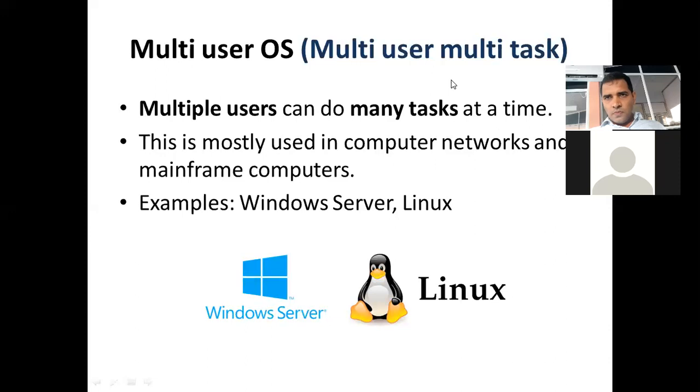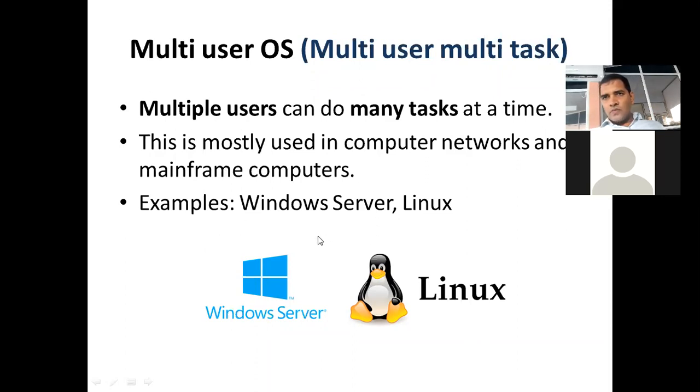If you think about your personal computer, it is always impossible, because it allows only one user to work, right? This is only possible in a computer network, and also a mainframe computer, because in a mainframe computer, one computer is connected with many, right? So understand this one.